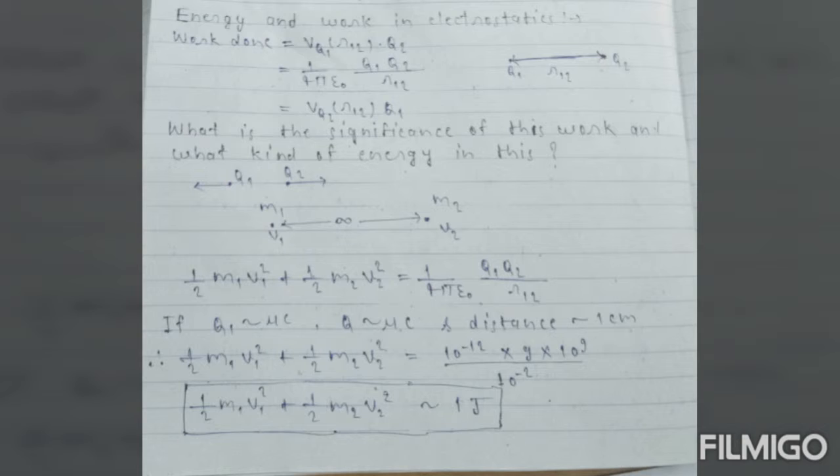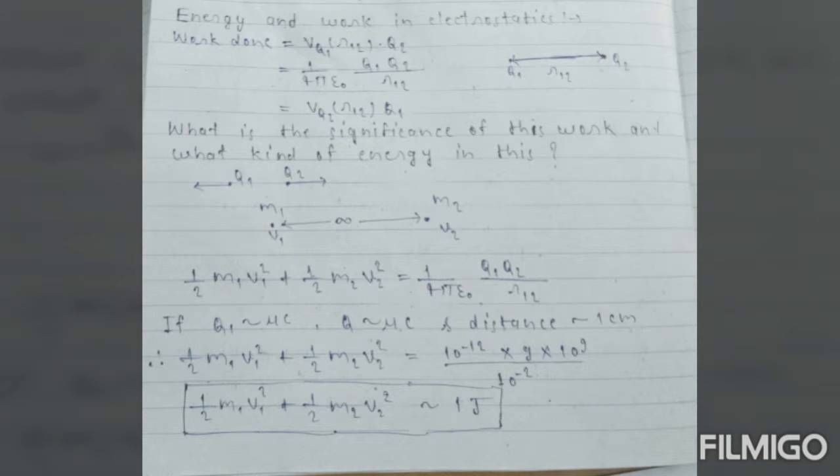Let's say the mass of the first charge is m1 and the mass of the second charge is m2, then the total kinetic energy 1/2 m1 v1 square plus 1/2 m2 v2 square will be equal to this initial energy that we said is in the charge distribution, and therefore this will be equal to 1 over 4 pi epsilon 0 Q1 Q2 over R12. What kind of magnitude of energy are we talking about?